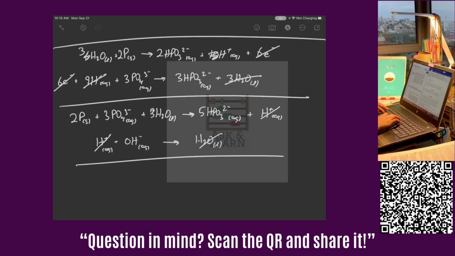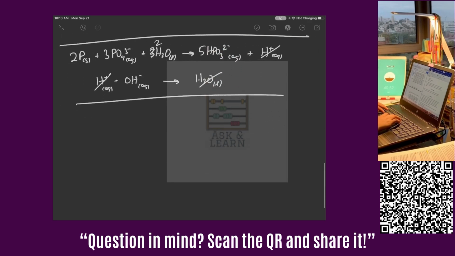H plus will cancel. H2O will leave me with 2 on the left. And our final equation is this equation here that is balanced in basic conditions.